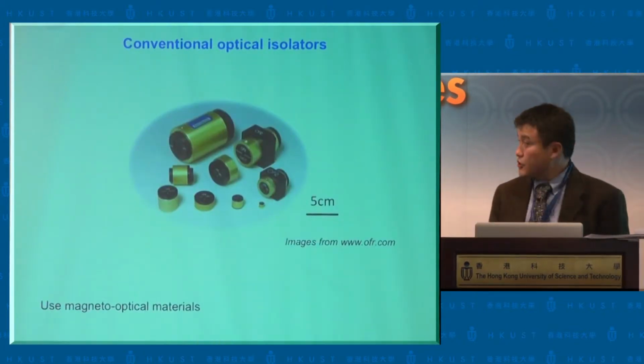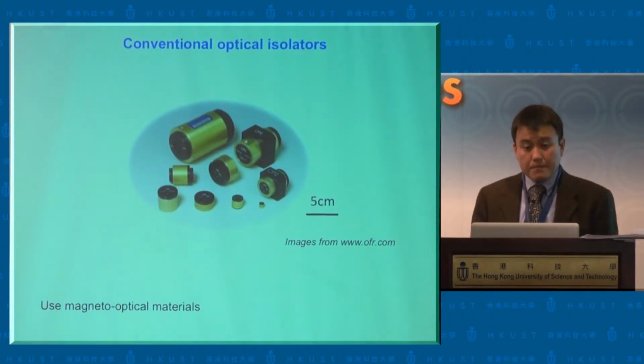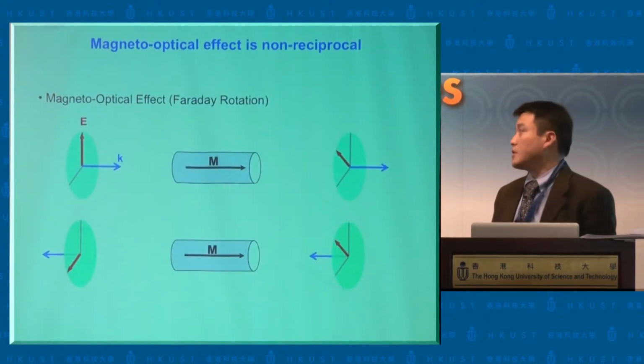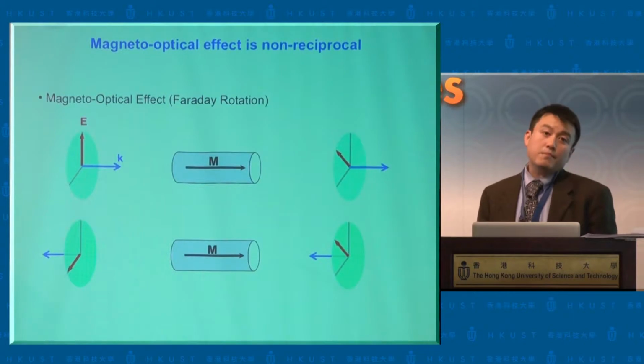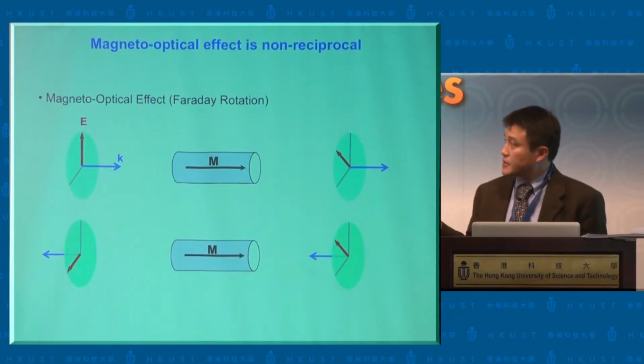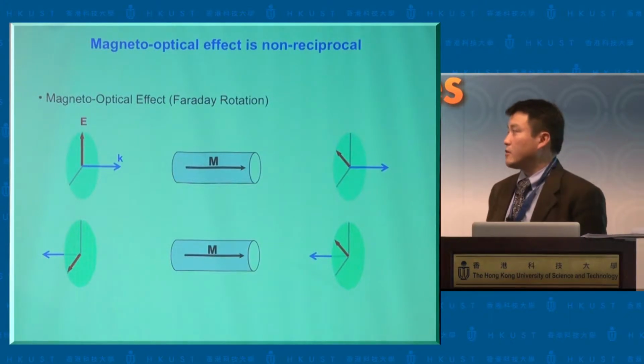There are certainly conventional optical isolators available, and you can buy them, and they look something like this. They use something called a magneto-optical effect, and one of the very important points about these effects is that they are non-reciprocal. As a demonstration, many of these isolators use an effect called Faraday rotation.